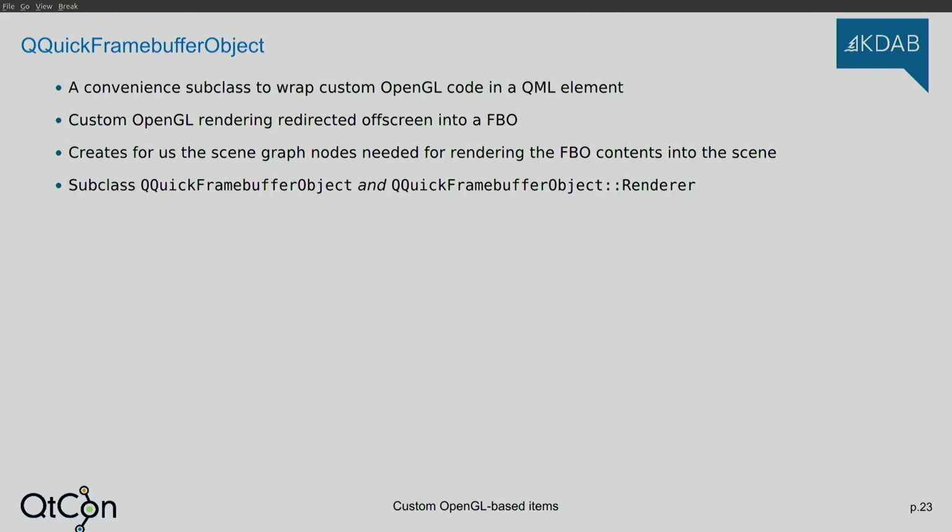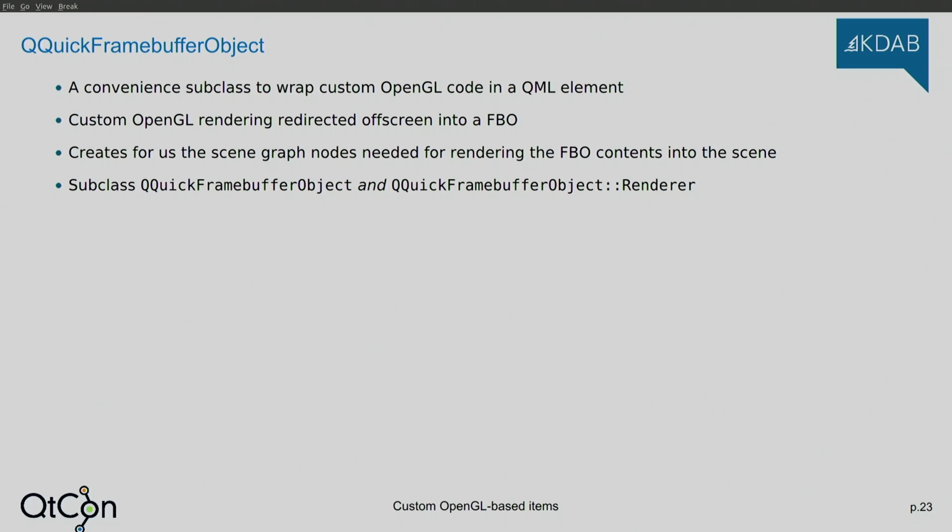So how do we go about that? This is slightly trickier, first and foremost because, once more, we have to deal with the fact that there are multiple threads involved. There's a render thread and the main thread, which wants to change stuff. The way we go about that is that we need two subclasses for this to work.